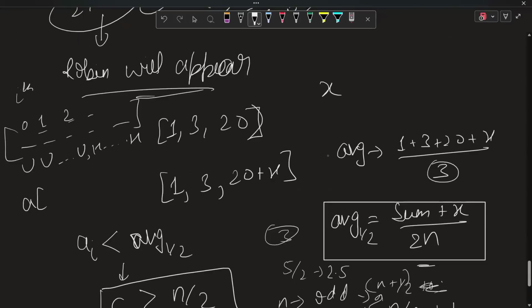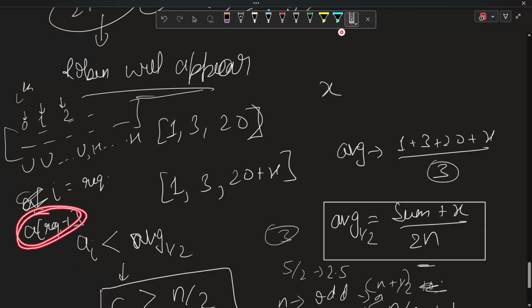Taking zero-based indexing, the first person is A0, second is A1, third is A2. So A of required minus 1 is the person till which we should have unhappy people. After this, from A of required till A of n minus 1, they should be happy.